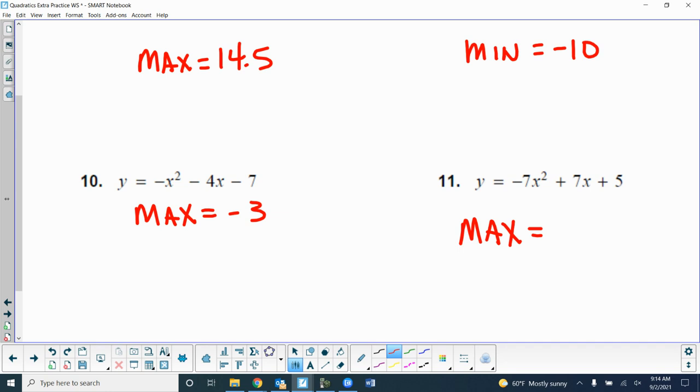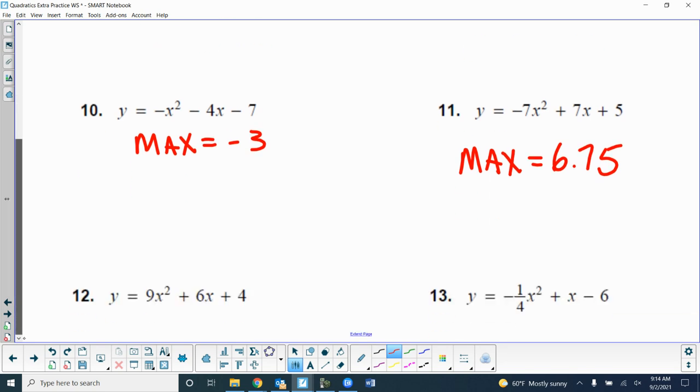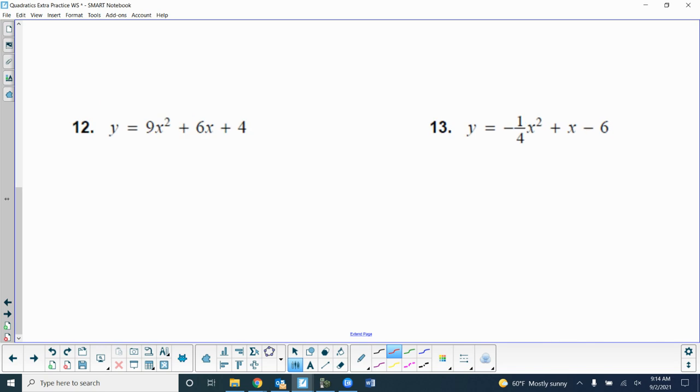What's the maximum value, Sophia? Yep, that's what I got too. Questions? We know how to find these, right? It's the Y value of the vertex, right? We've been finding vertices all the way through here today. Max or min for number 12? Min. What's the value, Brock? 3. 3, good.